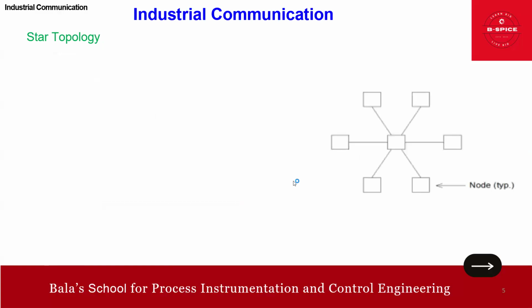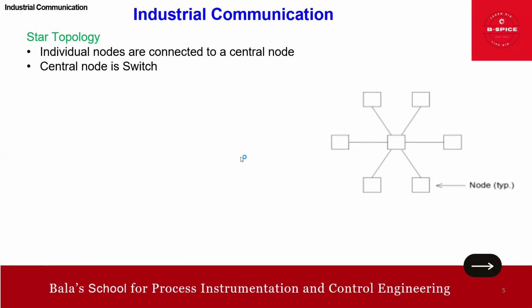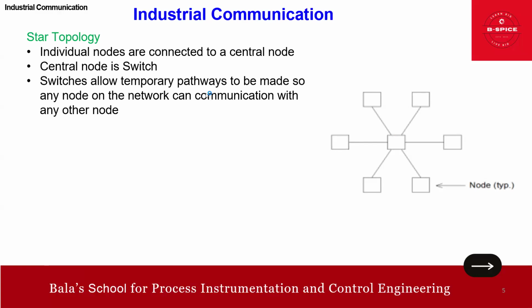Now we'll see the star topology. As you can see here, this is the look and feel of the star topology. In star topology, individual nodes are connected to a central node. Very often, friends, the central node is a switch. The switch allows temporary pathways to be made, so any node on the network can communicate with any other node.